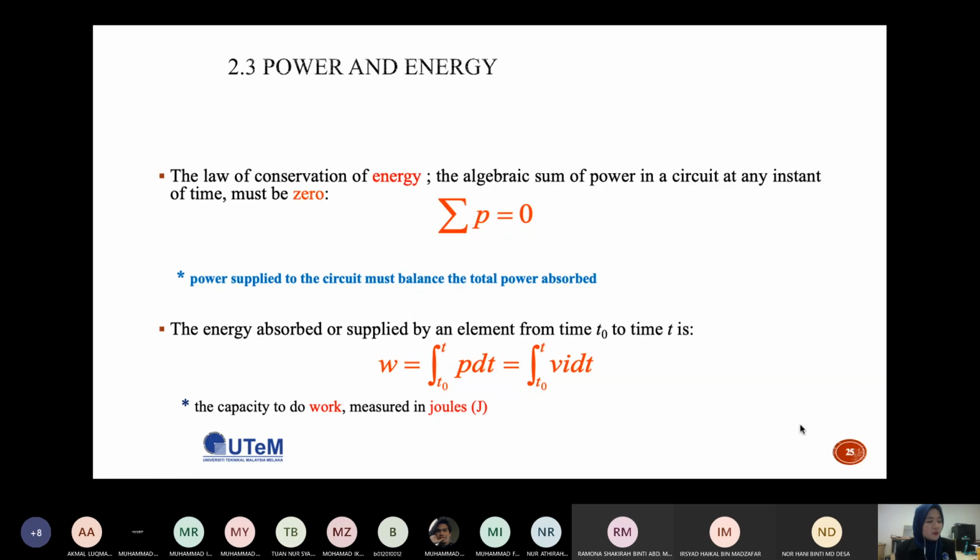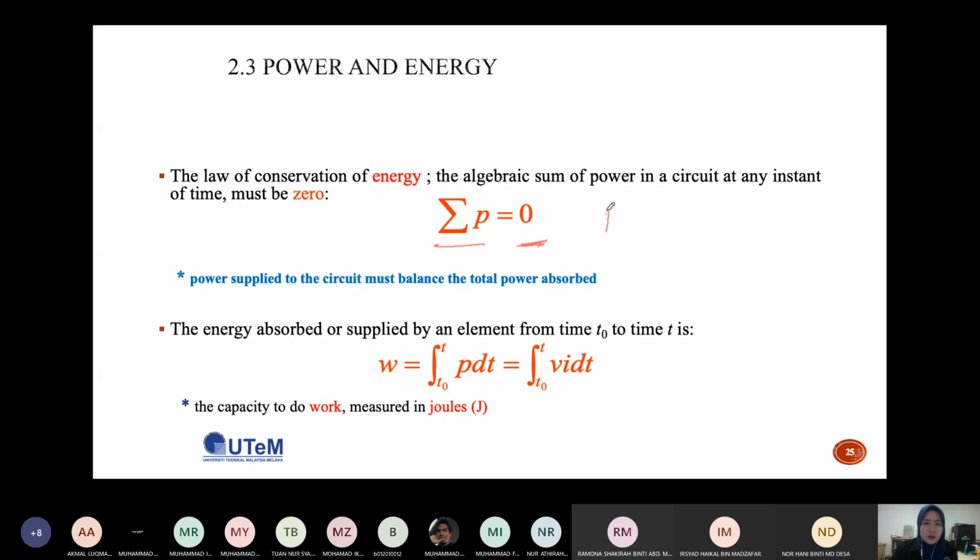Next, we have what we call the law of conservation of energy. The law of conservation of energy states that the sum of power in a circuit at any instant of time must be zero. So power supplied to the circuit must be balanced by the total power absorbed.